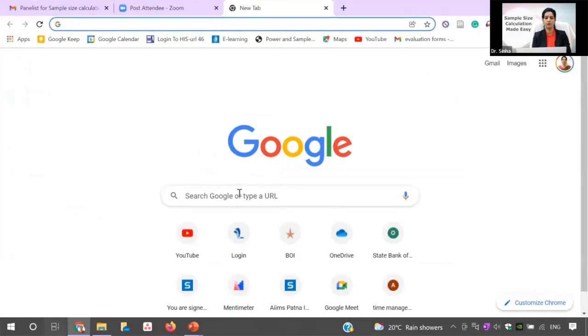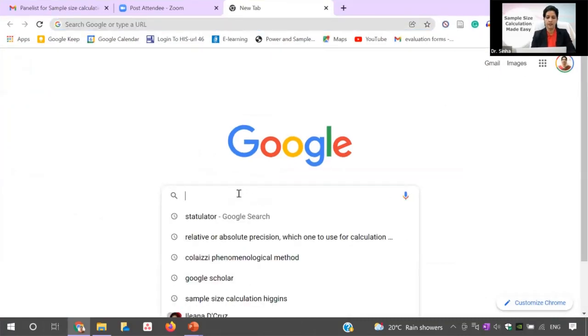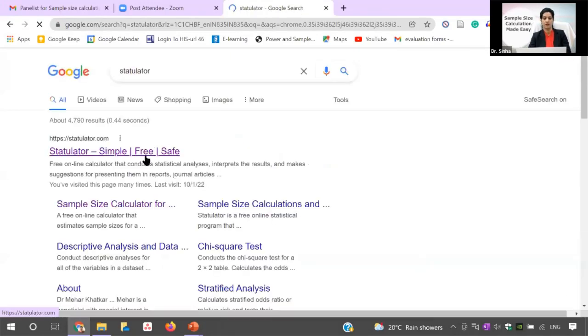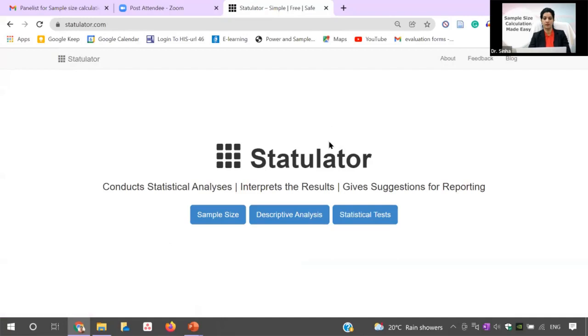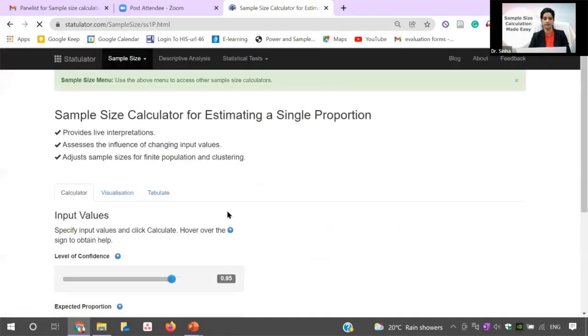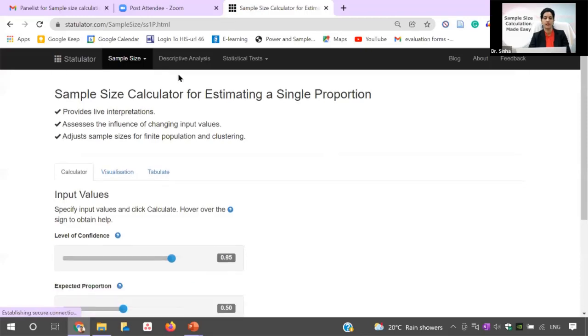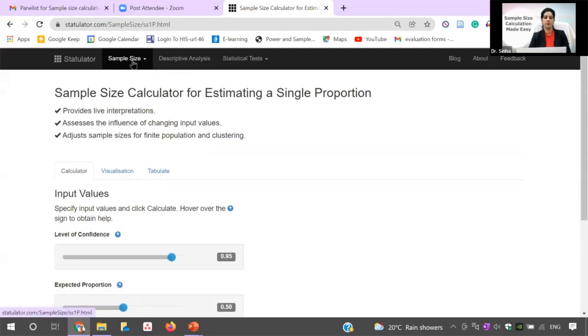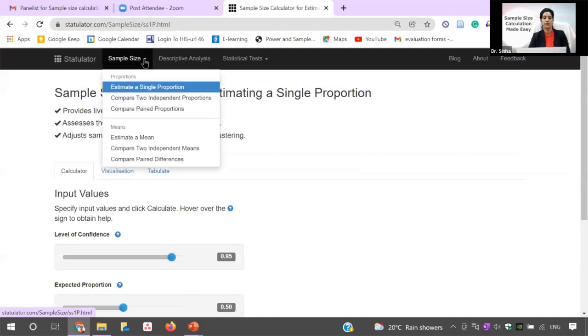I will go to Google, and we use Statulator. So you type Statulator and press this. So now this will come, and then you click this sample size. If you see this option of sample size here, and if you click on the drop down menu, it will show you two things: proportion and then mean.